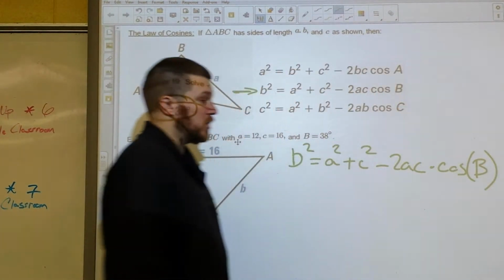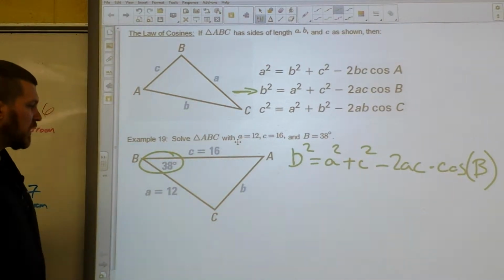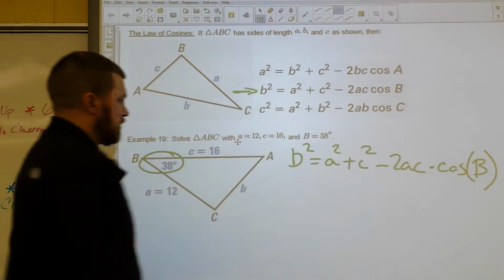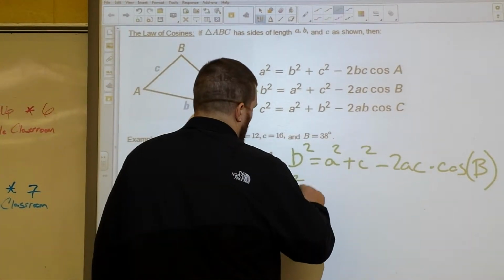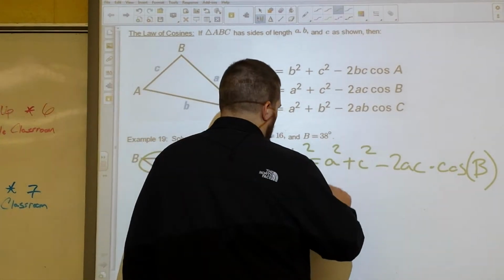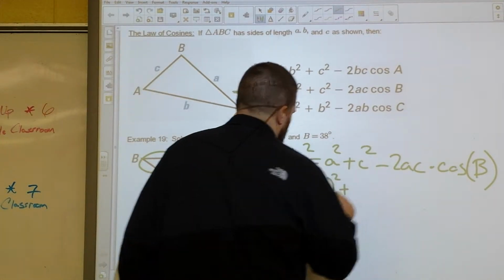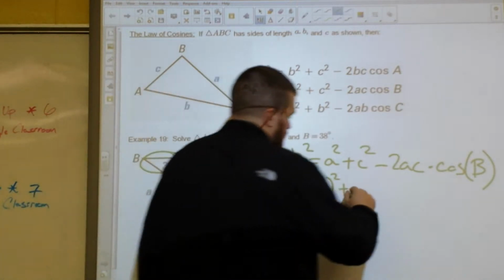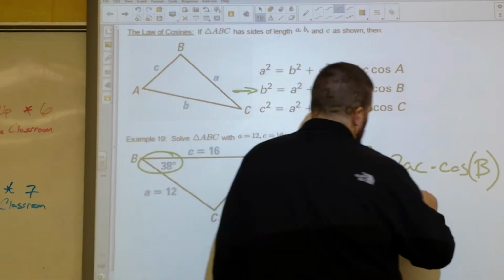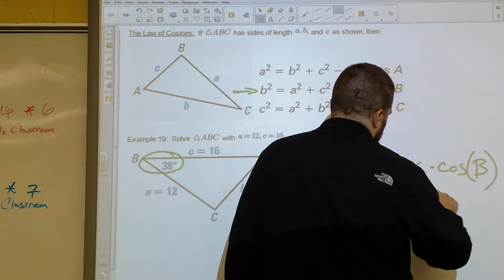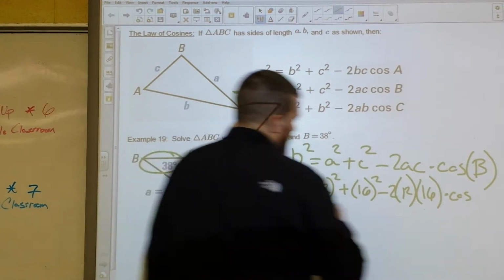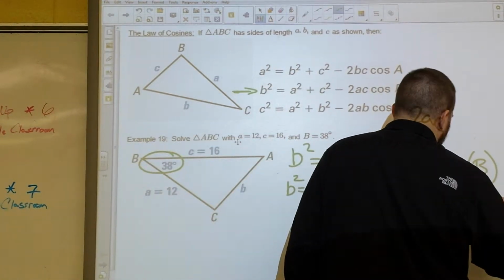And now I'm just going to literally plug in what I know. B squared is what I'm trying to find, so I still have B squared. Side A I know, so I have 12 squared, and when I plug in, I'm going to put in parentheses, plus side C I know, so 16 squared, minus 2 times A times C times the cosine of angle B. Angle B was 38 degrees.